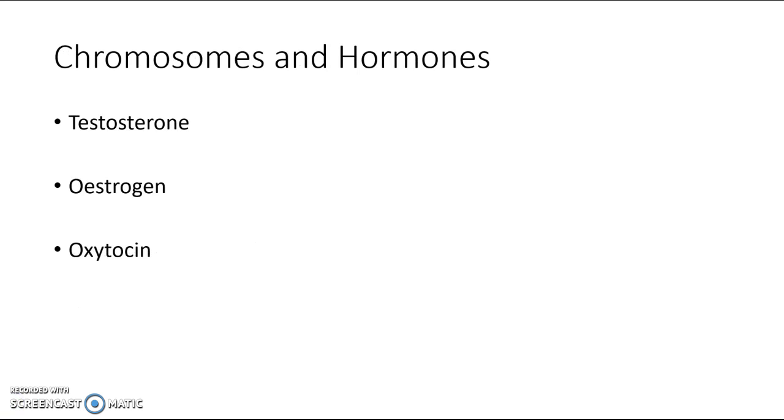In relation to chromosomes and hormones, you need to know about the roles of these three. So testosterone, we know, is present in fetuses, present before the baby's born, but the effect doesn't really fully come into play until they're in puberty, when we see the development of facial hair and pubic hair.